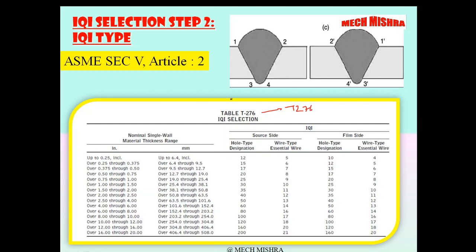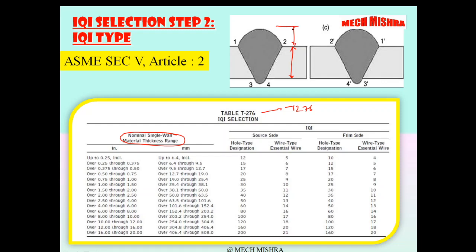So first of all, this nominal size, material thickness. So first of all, I need to get the nominal size. So for nominal size of the weld, we need to consider thickness of my specimen pipe or plate, plus we need to also consider the reinforcement.